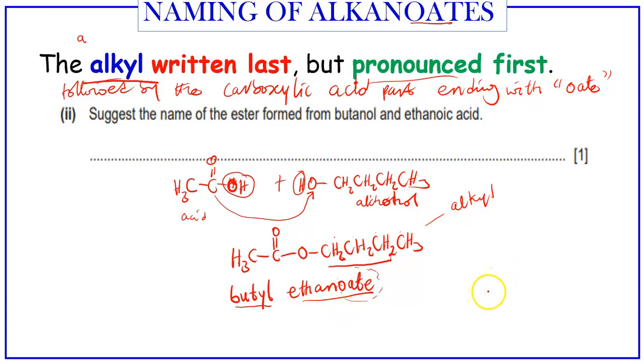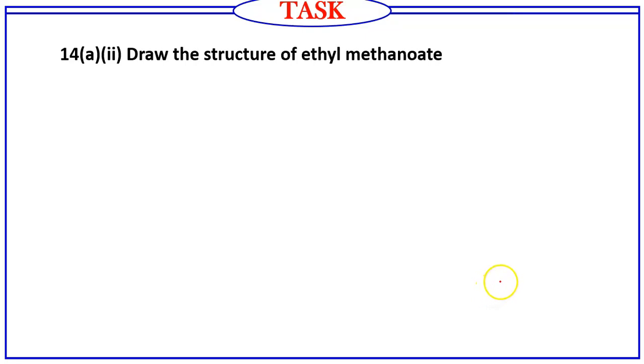Okay, let's solve more questions on this. Draw the structure of ethyl methanoate. What it means is that this ethyl is coming from the ethanol. Remember, alcohol part, ethanol, and methanoate is coming from methanoic acid, right?